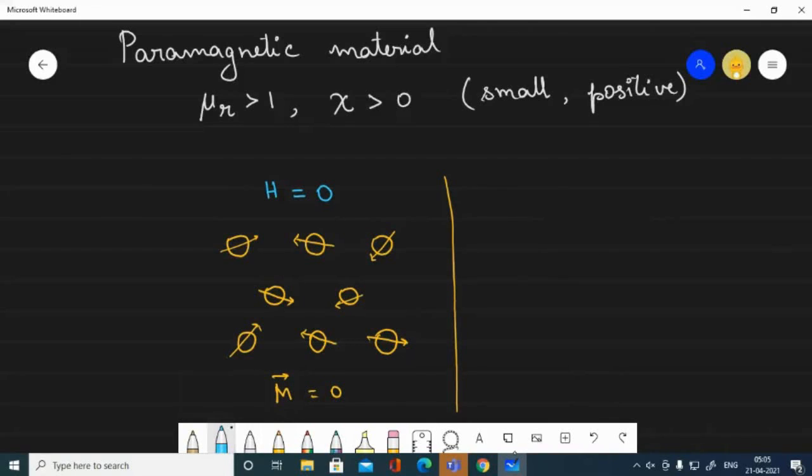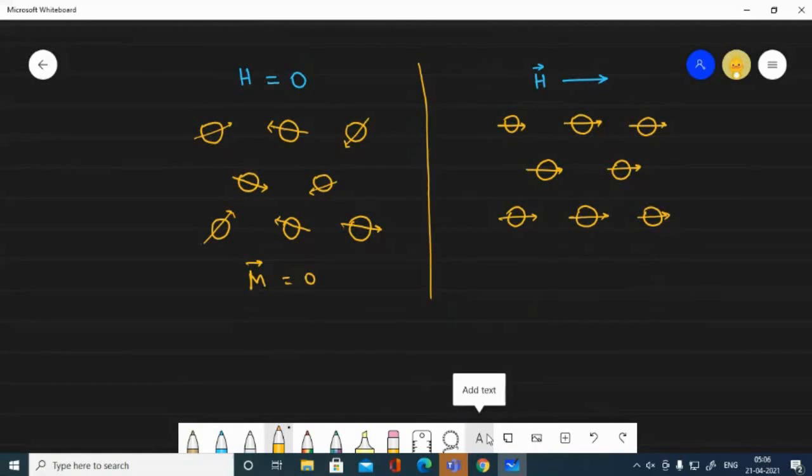But when an external field is applied in this direction, the dipoles get oriented along the field direction. The dipoles are randomly oriented in the absence of external field.